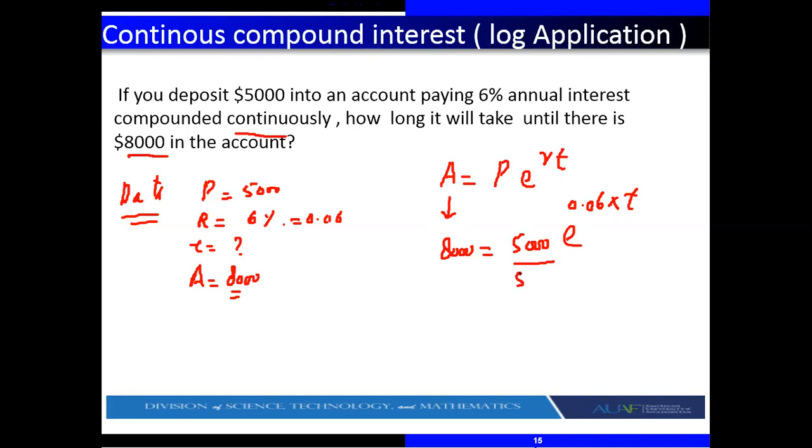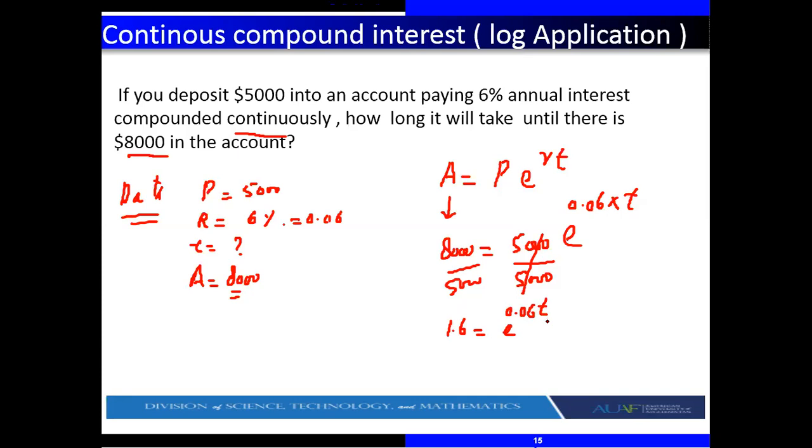First of all, if you divide both sides by 5,000, these two cancel. We have 8,000 divided by 5,000, which equals 1.6. So we have 1.6 equal to e power 0.06 multiplied by t.